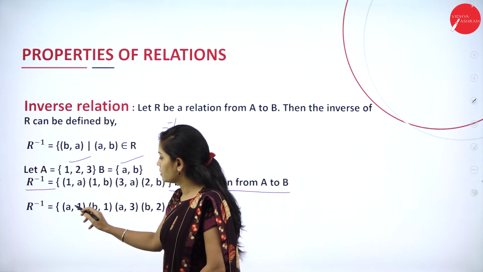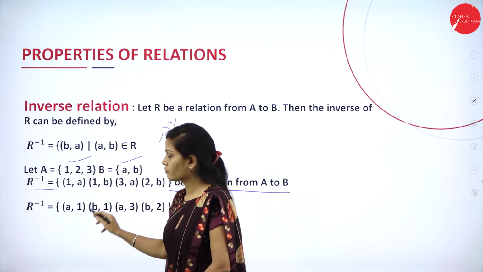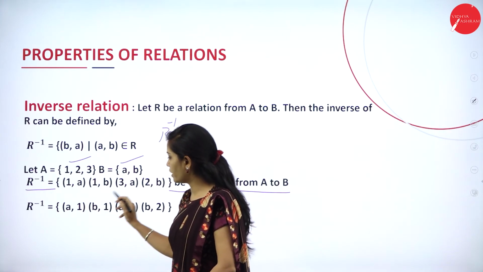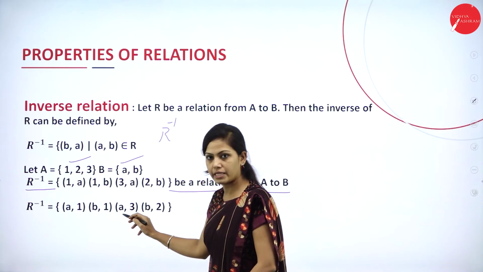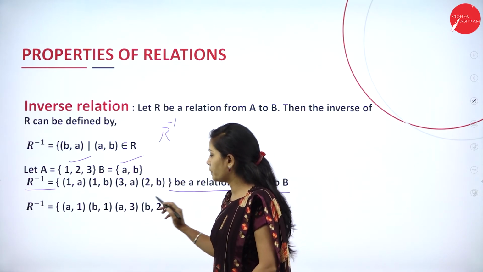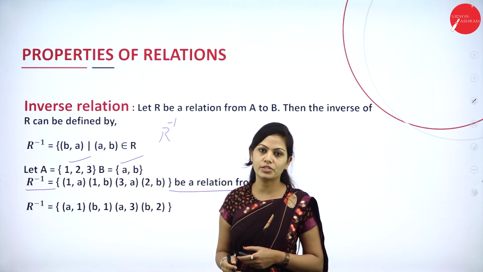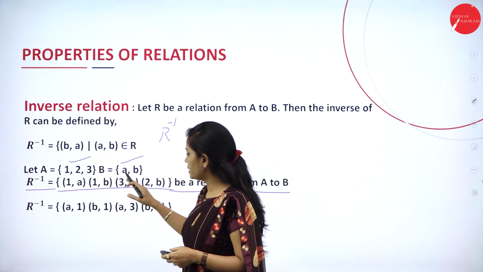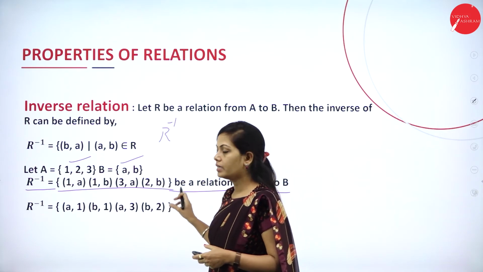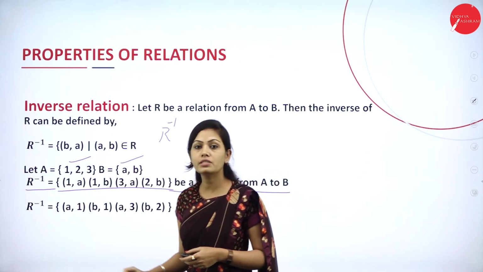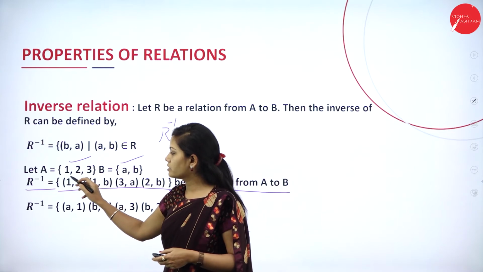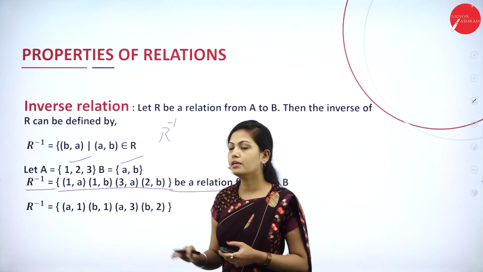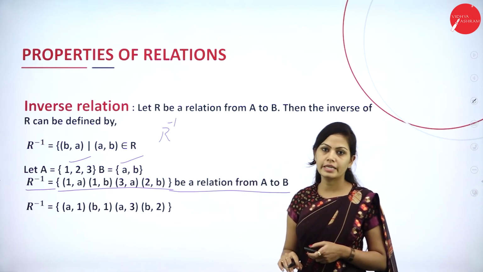So (1,a) changes to (a,1), (1,b) changes to (b,1), (3,a) changes to (a,3) and (2,b) changes to (b,2). This is called the inverse function. That means a changes to b, b changes to a. This is called the inverse relation.